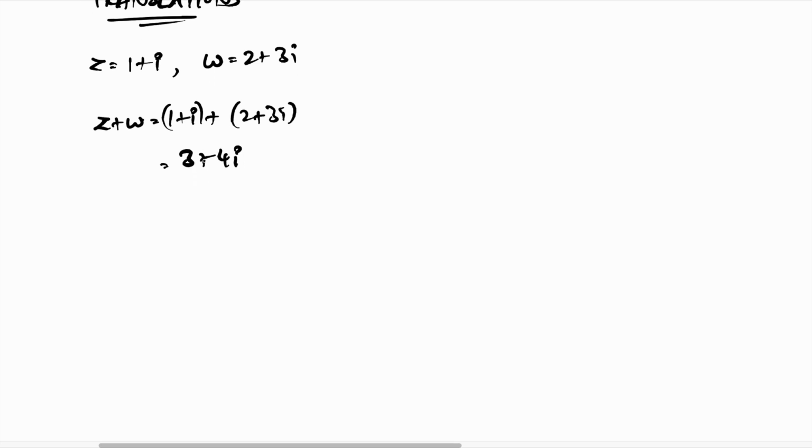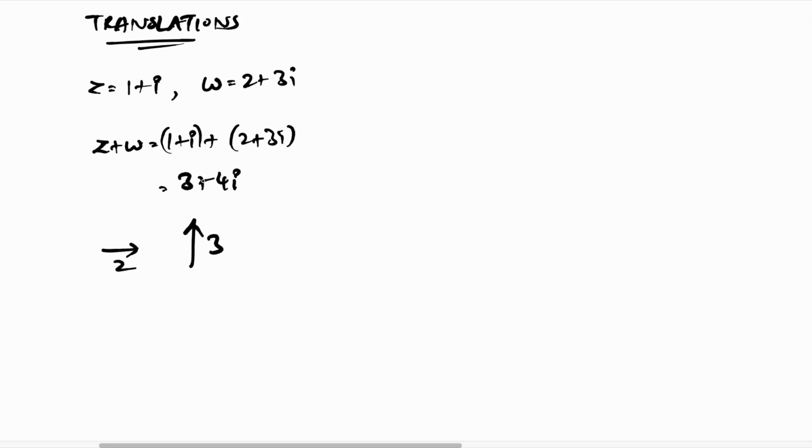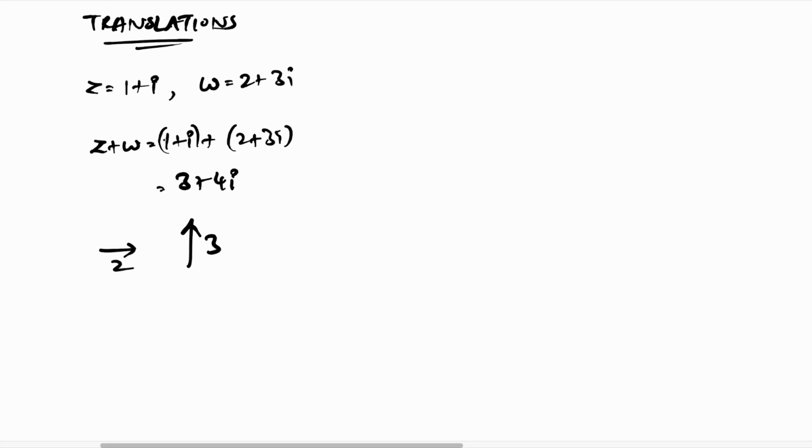That means my complex number is actually shifted towards the right by 2 units and up by 3 units, which is visible by the real and imaginary part of the added complex number. So my real part, which was 1 first, has become 3, and the imaginary part, which was 1 first, has become 4.